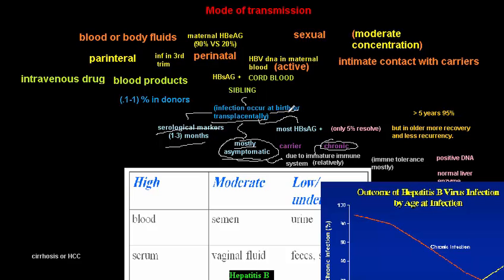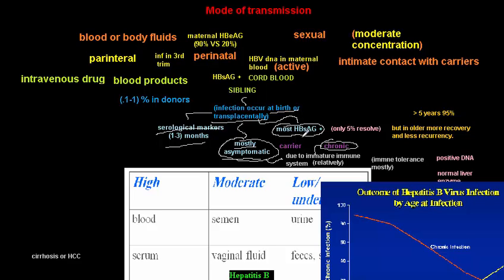So if the child is younger, the susceptibility to have a chronic infection is more, but the symptoms are less. Most of them are hepatitis B surface antigen positive.